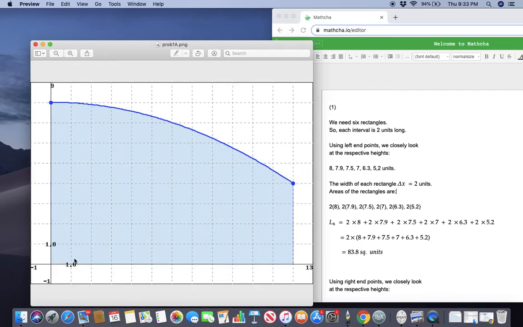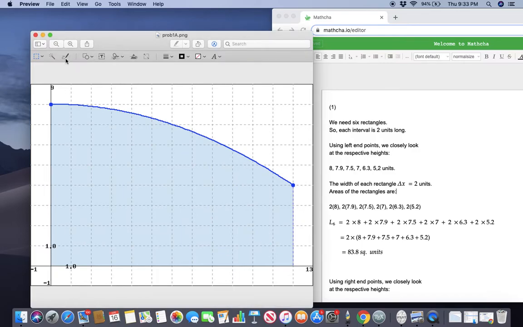So 1, 2, 3, 4, 5, 6, 7, 8, 9, 10, 11, 12. So these are 12 units. I'm supposed to have 6 rectangles, which means I need to use a rectangle starting here, a rectangle starting here, a rectangle starting here, and so on.